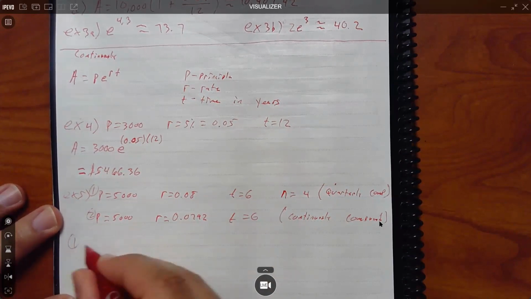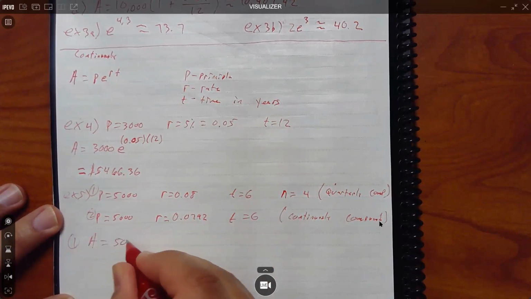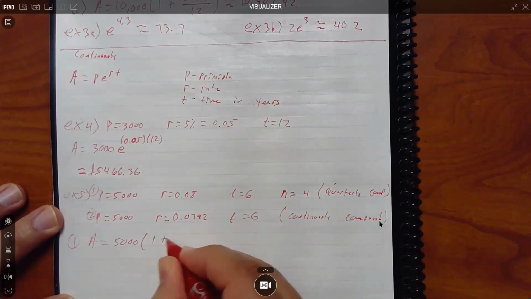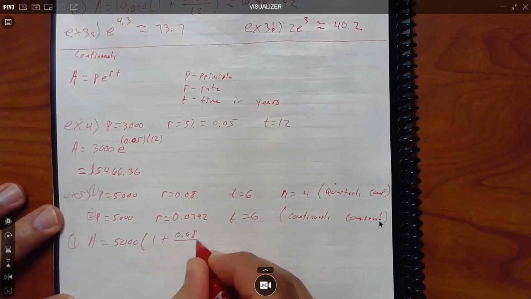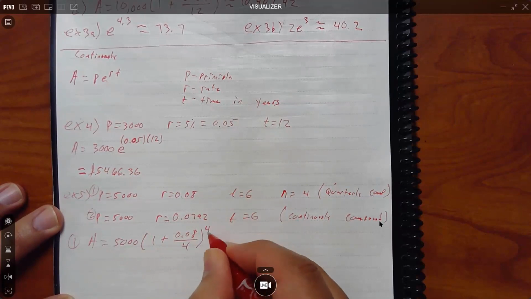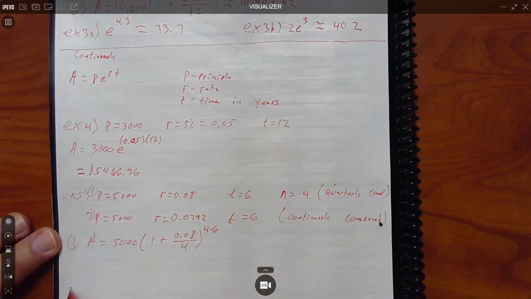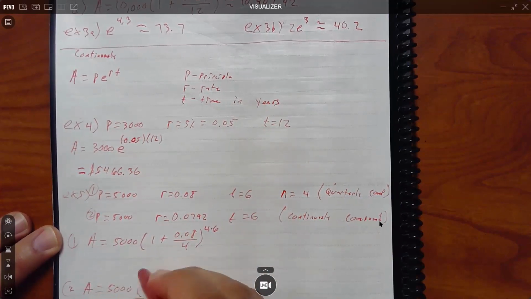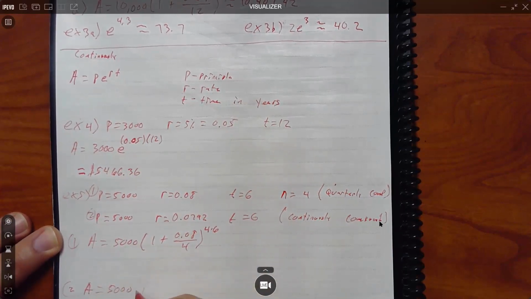So for number 1, A is equal to 5,000 times 1 plus 0.08 over 4 to the 4 times 6. Account 2 will be 5,000 times, well, I can just put the E there, I guess, times e to the 0.0792 times 6.